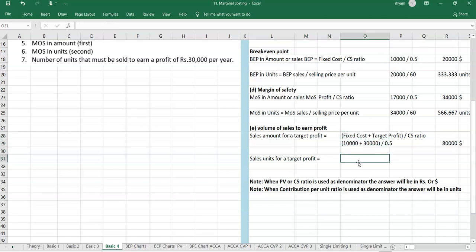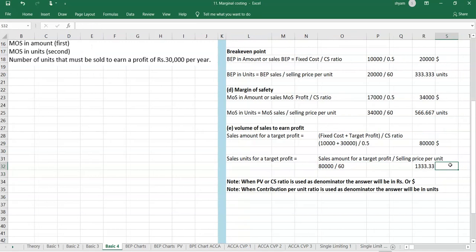The formula would be to get the sales amount divided by the selling price per unit. So take 80,000 divided by the selling price per unit, 60. So unit-wise they have to sell 133 units to achieve a profit of 30,000.